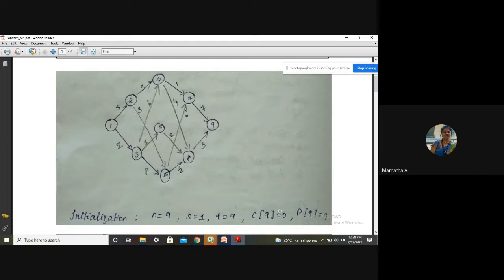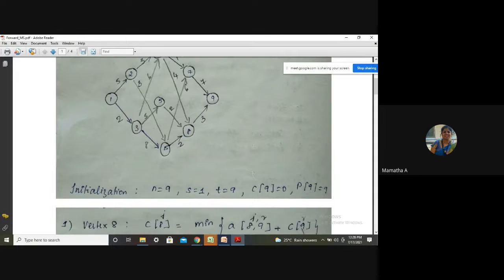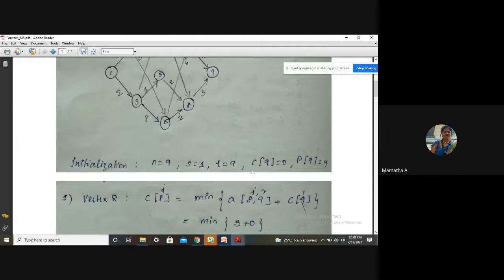That's all. Path of 9 is 9. So C of n is 0, P of n is equal to n. Now I have to iterate. So what is the value of j that I should start from, students?